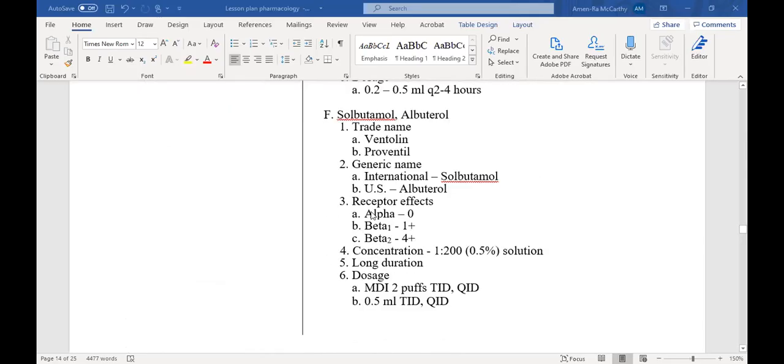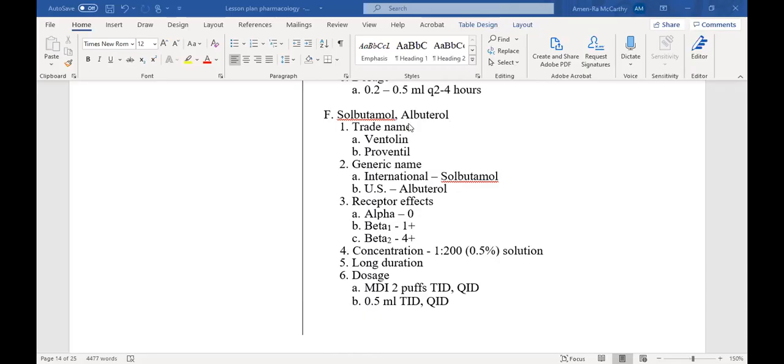All right. The one that everybody knows, salbutamol, aka albuterol. Now, the reason why we say it is because albuterol is the generic name in the United States. Okay? Internationally, albuterol is known as salbutamol. All right? Just like the green tank in America is oxygen, everywhere else in the world, oxygen is white.